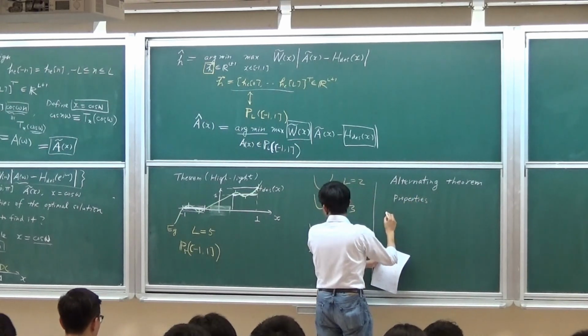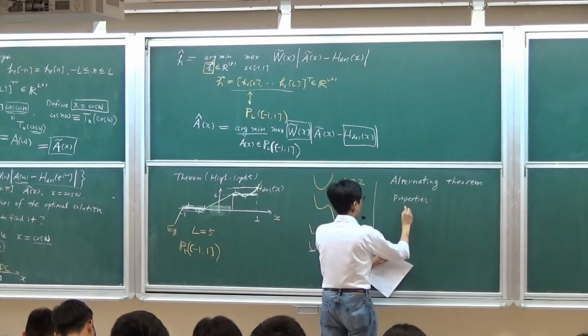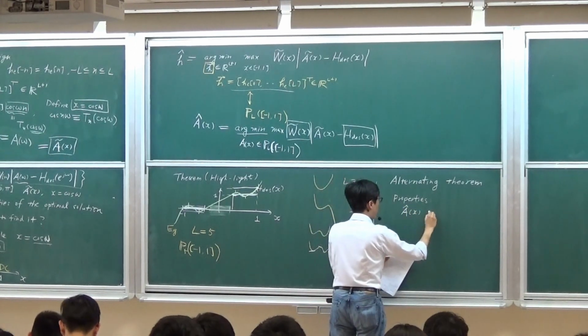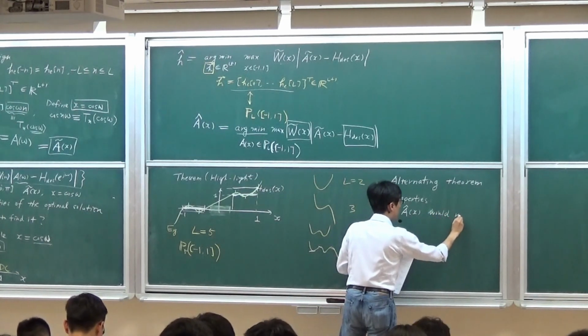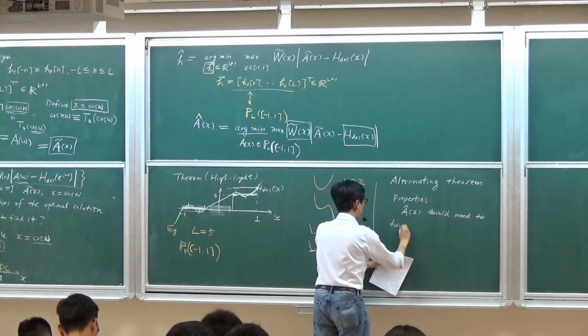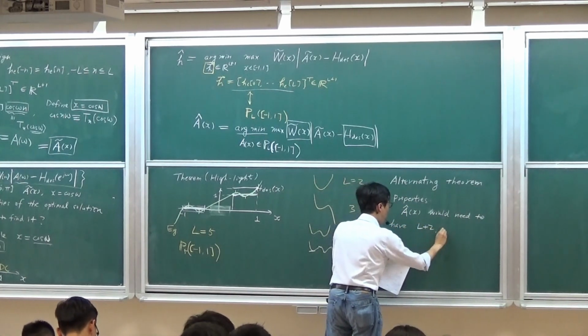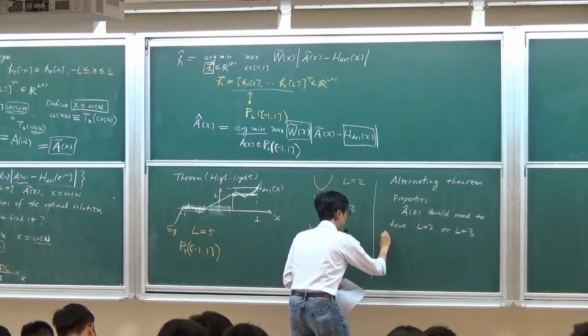The optimal filter, the optimal polynomial, would need to have actually L plus 2 or L plus 3 alternating points.